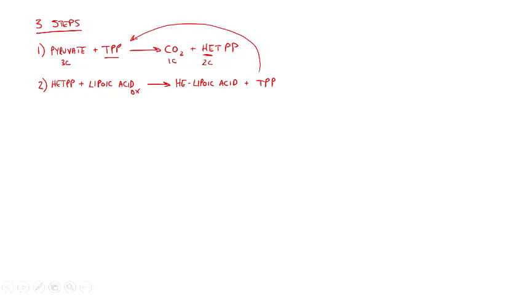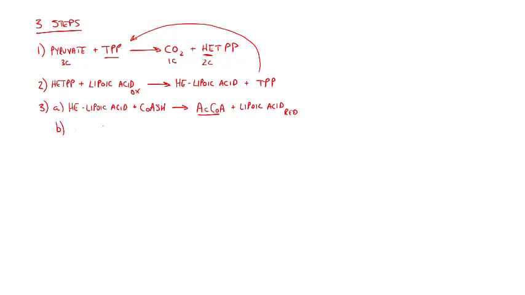All right, so we've recycled our TPP. The third reaction of pyruvate dehydrogenase is a 2-parter. First is the hydroxyethyl lipoic acid reacts with coenzyme A to give us our acetyl coenzyme A, which is our main product that we wanted, and our lipoic acid, but now in a reduced form.